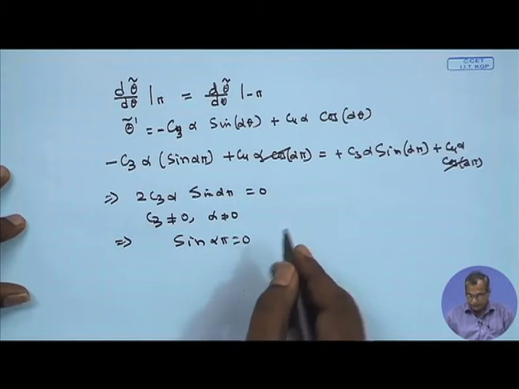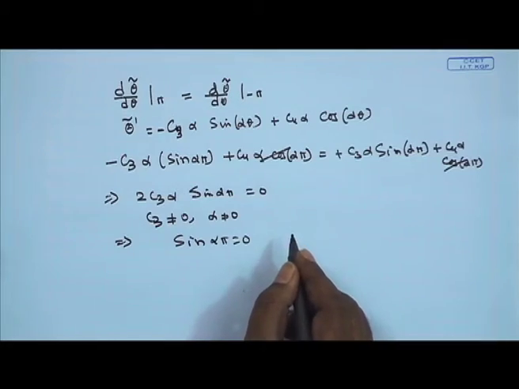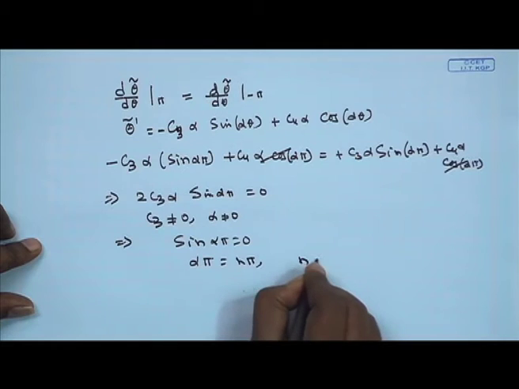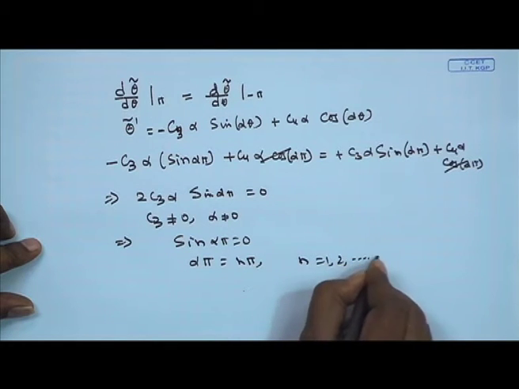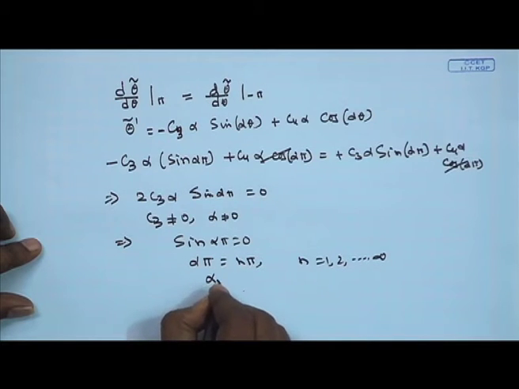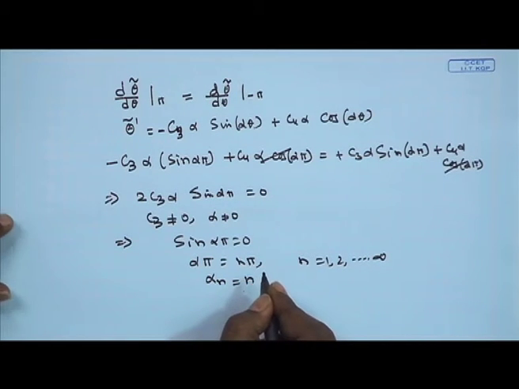In both the cases, using both the boundary conditions, we will be landing up with the condition that sin alpha pi is equal to 0, and we have the general solution alpha pi is equal to n pi, where the index n runs from 1 to infinity. So therefore pi will be cancelled, and alpha n is equal to n.